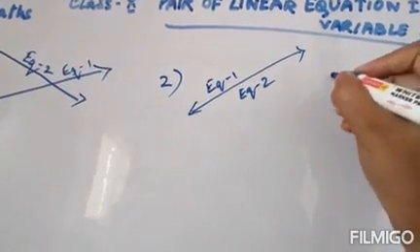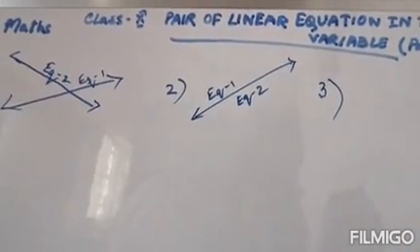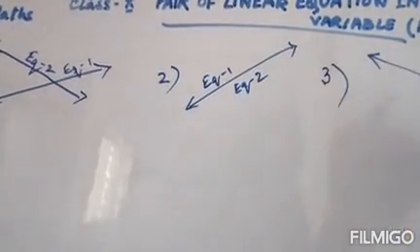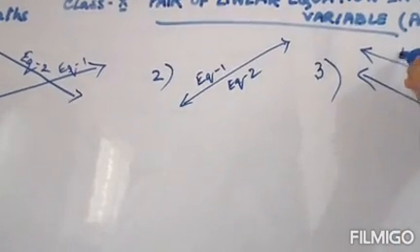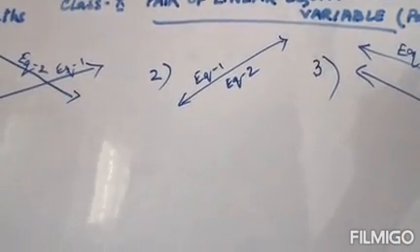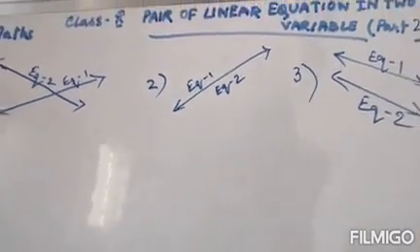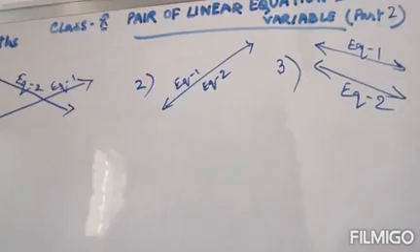And the third observation you can see is when you find two lines which never have any common point, that means they are parallel.